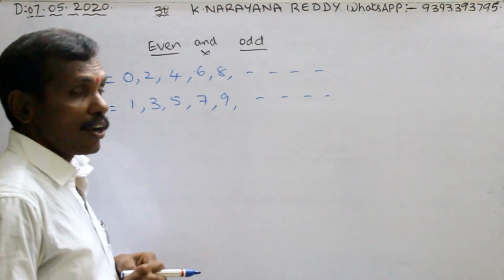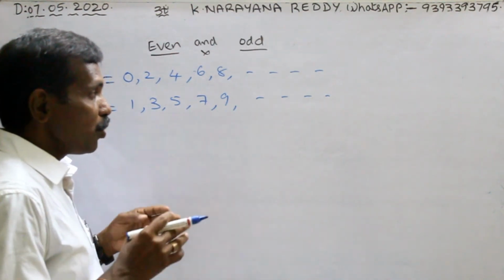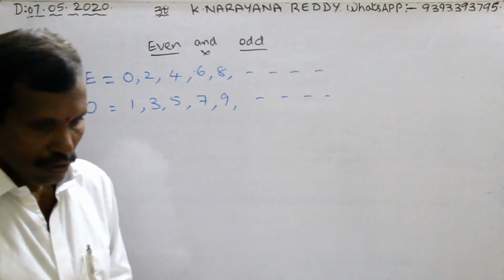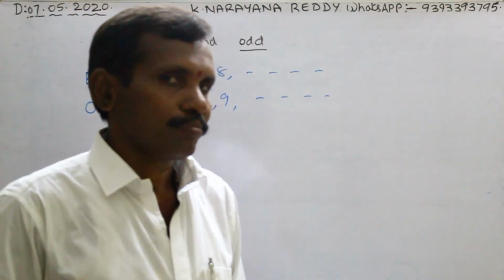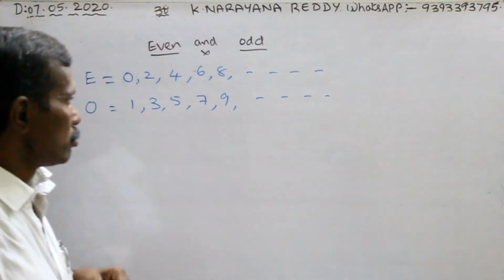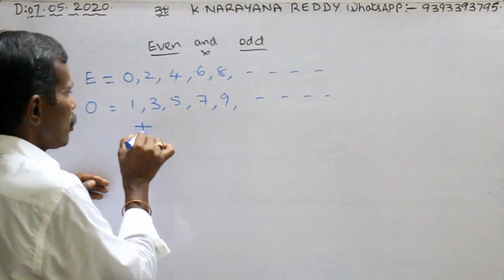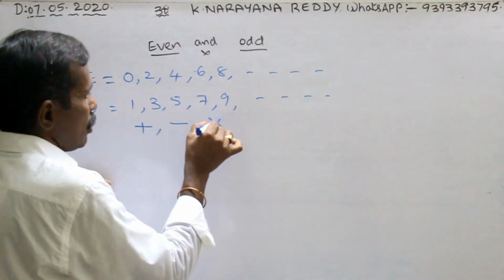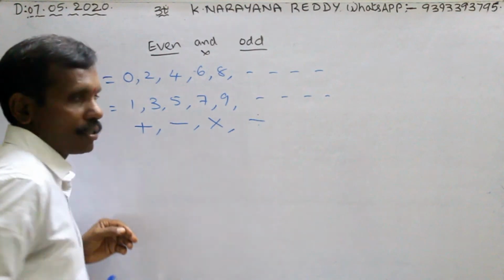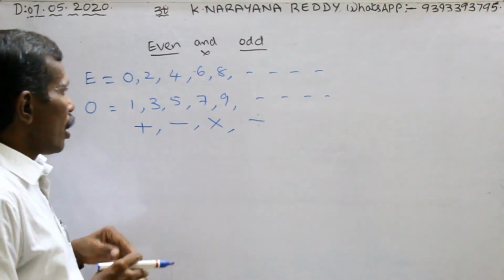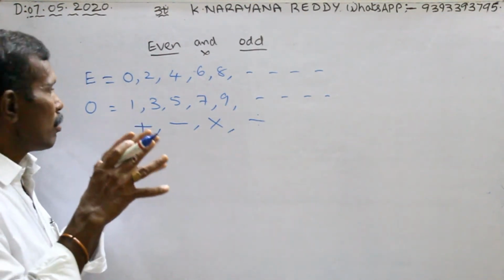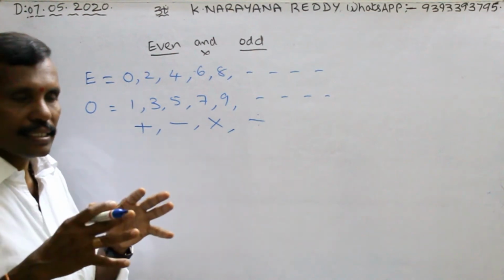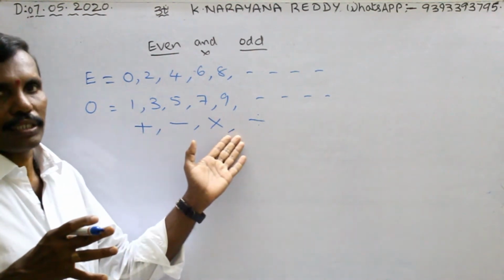Now, how can we do the arithmetic calculations? What are arithmetic calculations? You know, addition, subtraction, multiplication, division. How can we use these odd and even numbers in these calculations?